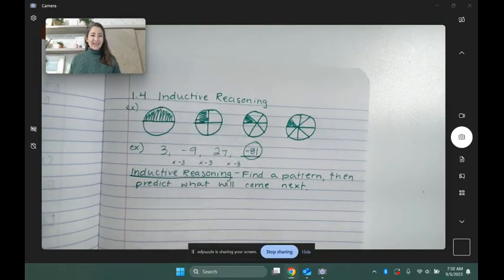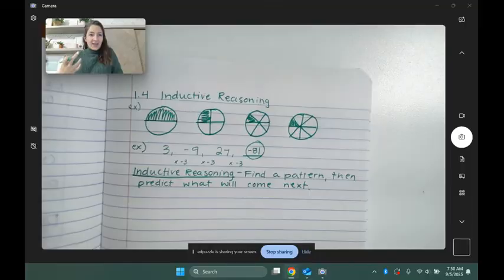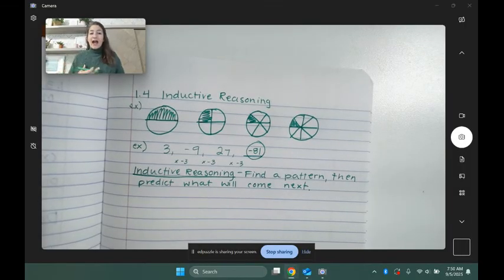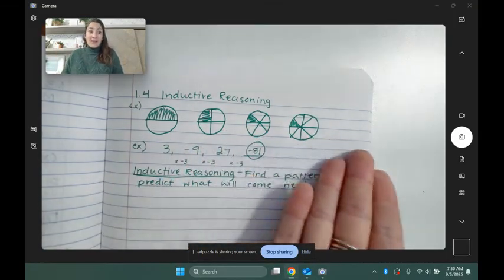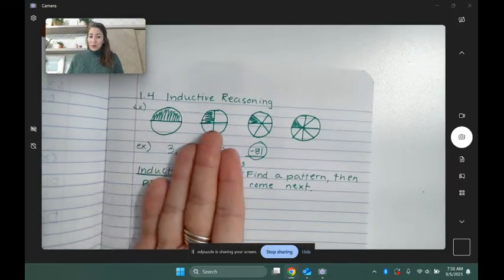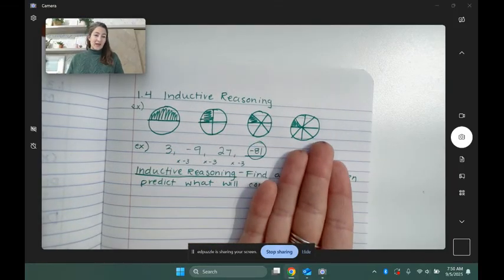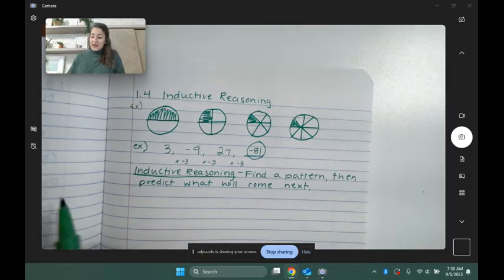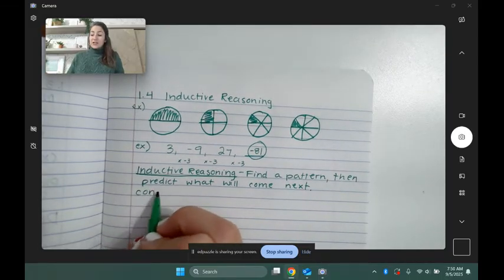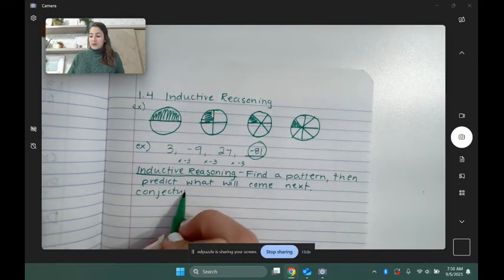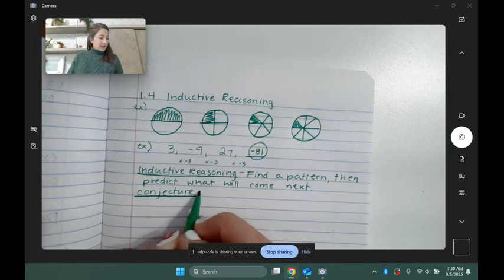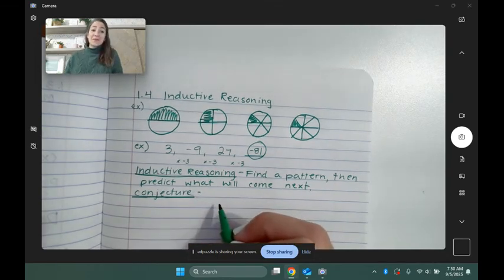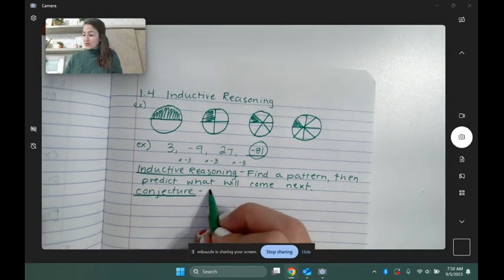So when I'm defining the pattern that I'm seeing, I'm making a conjecture. A conjecture is just an unproven statement, but it's based on my observations. I've observed what has happened, so I'm going to predict what's going to come next based on that. So this is called a conjecture. A conjecture is an unproven statement based on observations.